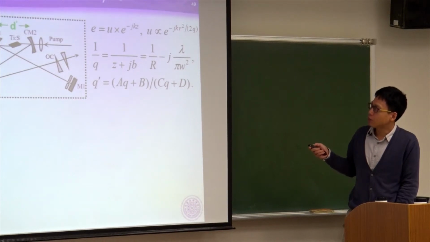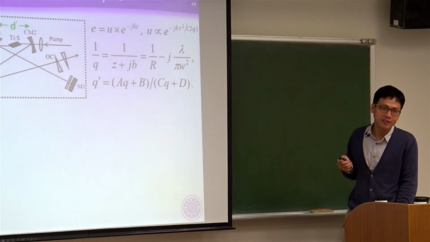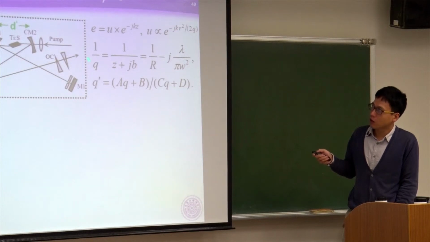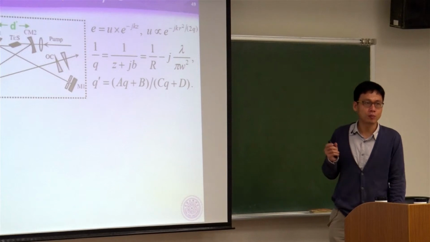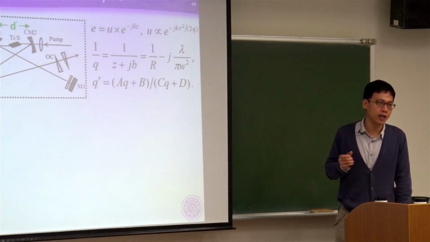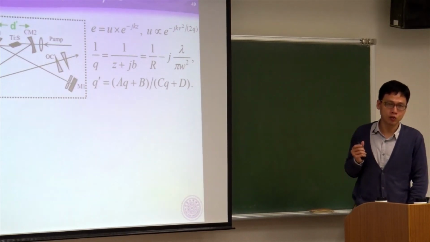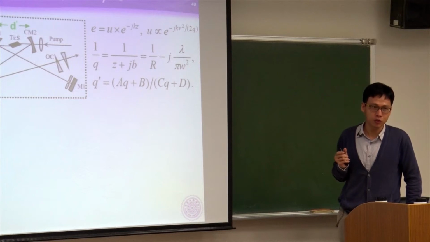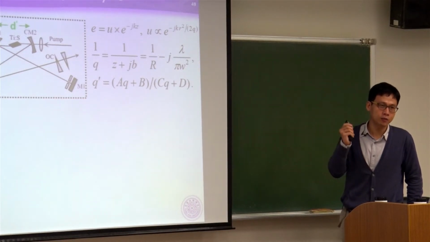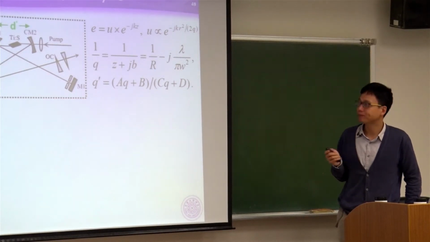And the imaginary part of 1 over q is lambda over pi w squared. You see w, so it's related to the beam radius, okay? So because of the complexity, this function actually represents a Gaussian beam. It has a Gaussian intensity distribution. It has a quadratic phase front, okay?